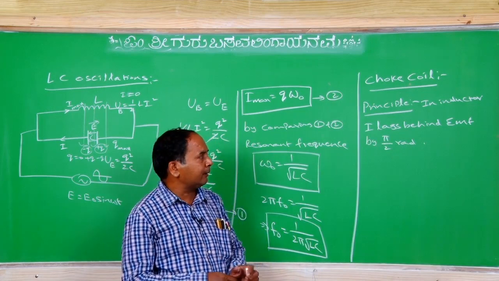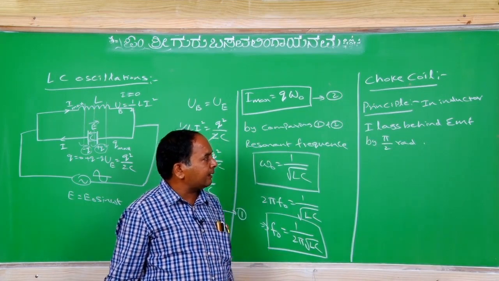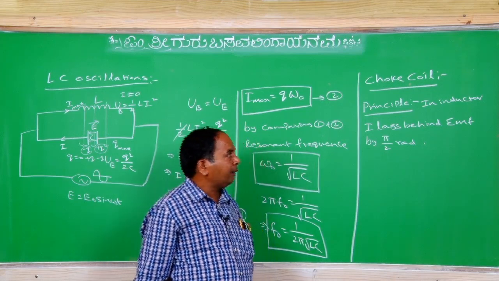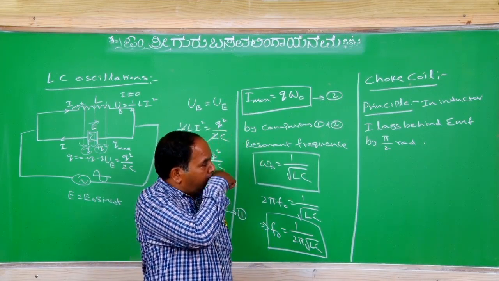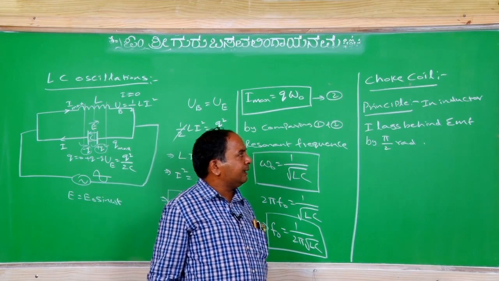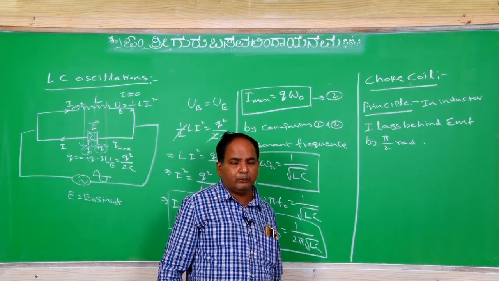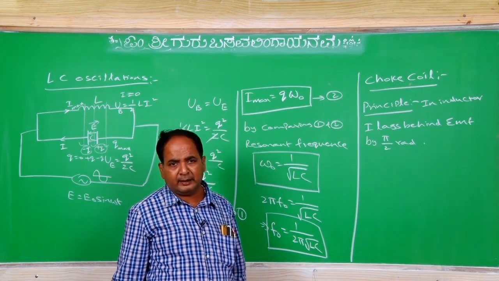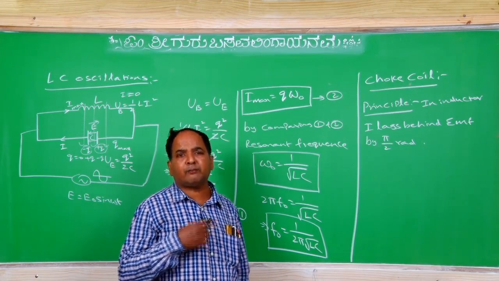What is the working principle of the choke coil? In an inductor, current lags behind EMF by pi by 2 radian. Generally, this choke coil is very useful to reduce or prevent the loss of electrical energy into other forms.